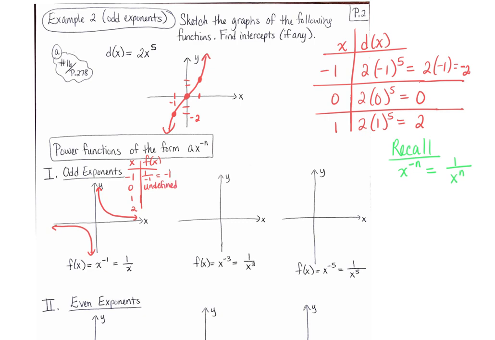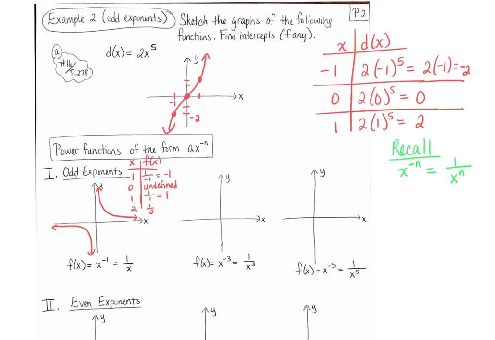If you substitute in 1, you get 1 over 1, which is 1. You substitute in 2, what do you get? 1/2, good. So notice that the larger the numbers that you substitute in, your number is going to get smaller and smaller. This is why it's getting closer and closer to the x-axis, but it will never touch the x-axis. Okay? Questions?